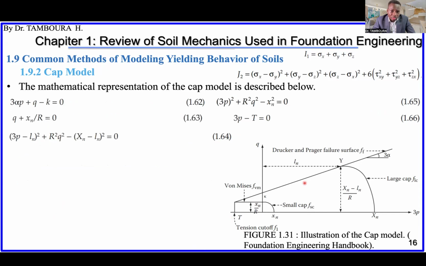So I will put all of them here. This one is the Drucker-Prager, and this one is the horizontal line. This one is the large cap. This one is for the small cap, and this one is for the tension cutoff.